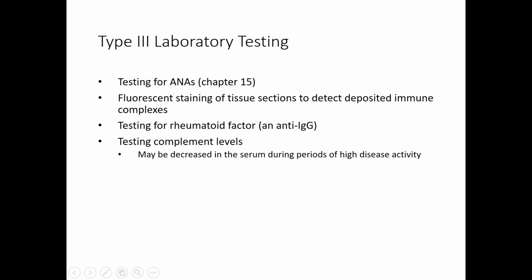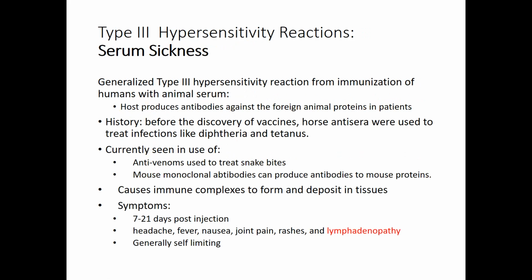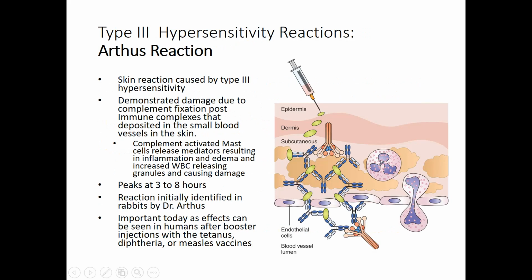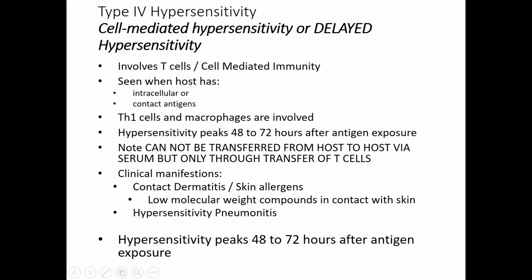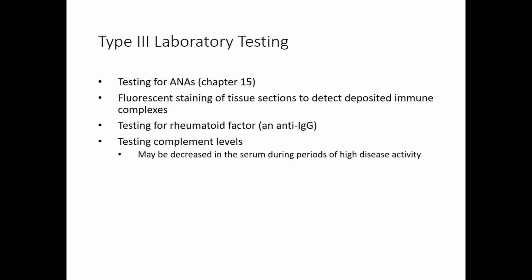We're actually going to look and see if there are decreased levels of complement. Is the complement being used up in these complex formations? If you're utilizing a lot of your complement and it's being activated, your serum level is decreased when there's a high degree of activity. So complement is inversely proportional to the level of disease activity in type 3 hypersensitivity reactions. Or it may be, not always, but it may be.